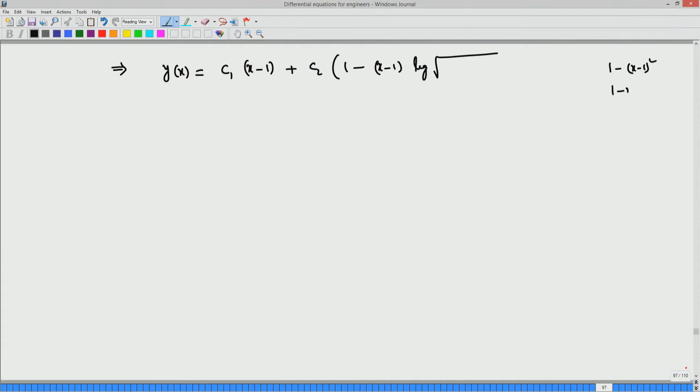So, that is 1 minus x square plus 2 times x minus 1. So, you have x times 2 minus x, which is positive, since x is in the domain between 0 and 2. So, I simply translate it from z to x. This is what is your general solution.